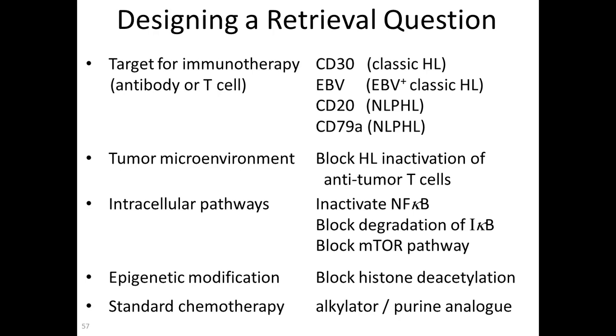I would look at things in the tumor environment. So, for example, blocking Hodgkin lymphoma activation of anti-tumor T cells, like with checkpoint inhibitors. I'd look at drugs that target intracellular pathways, something that might inactivate NF-kappa B or block degradation of I-kappa B, etc. So these are things that I would think of if I were going to try and ask a retrieval question on the test.